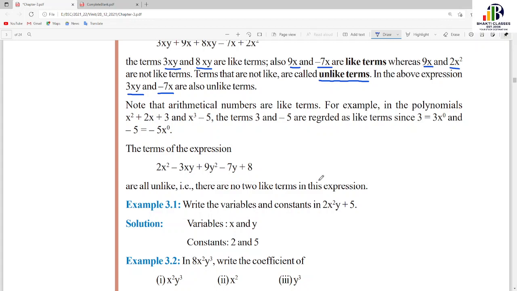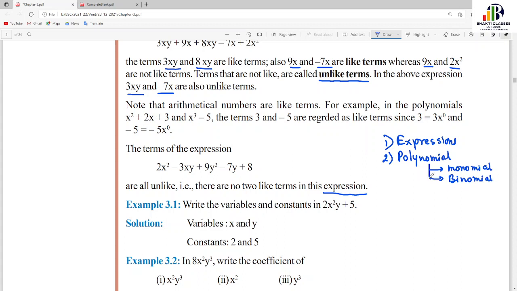So we have learned till now about expressions, about polynomials. In that we have learned monomial, binomial, and trinomial.